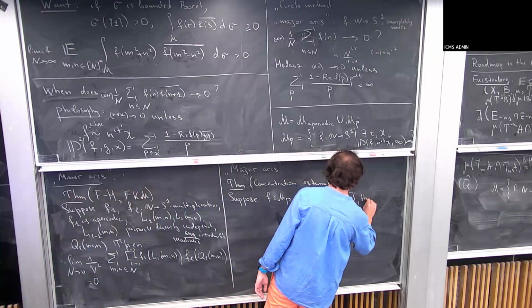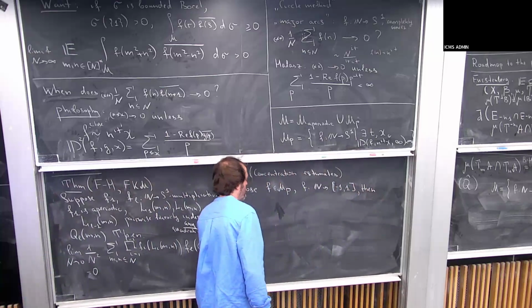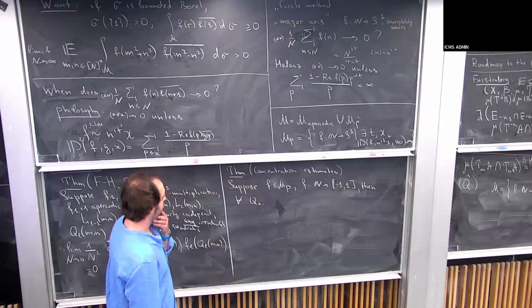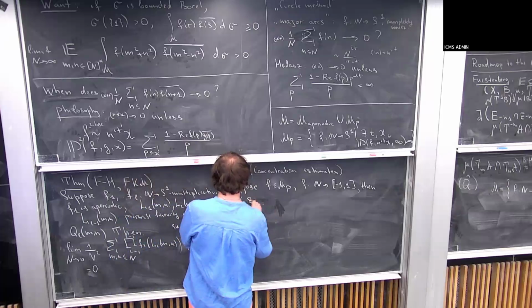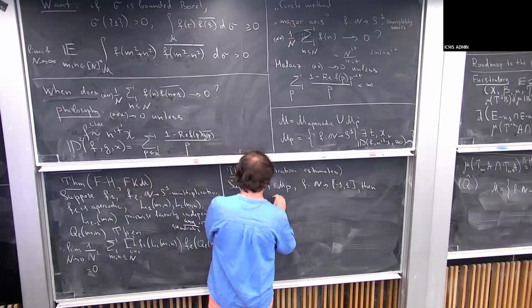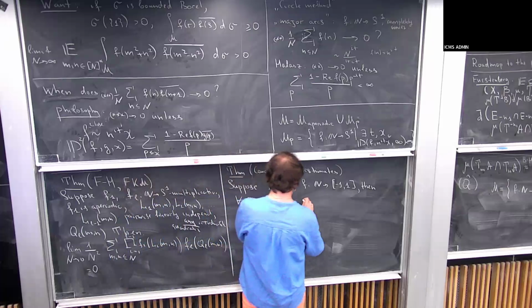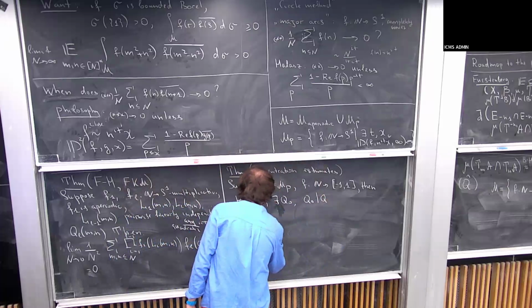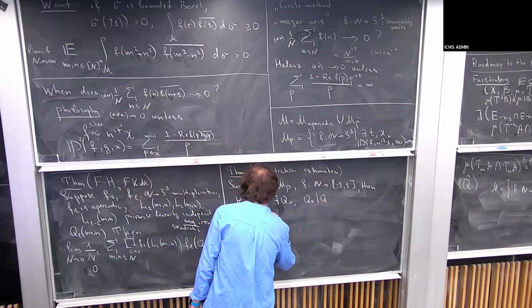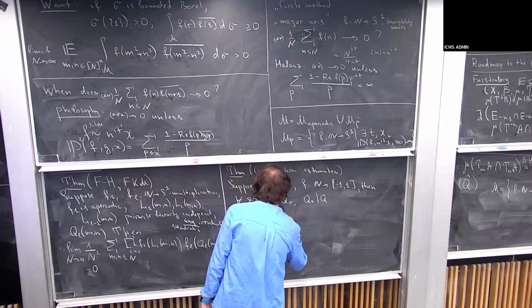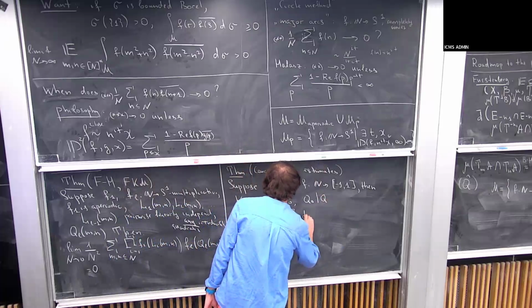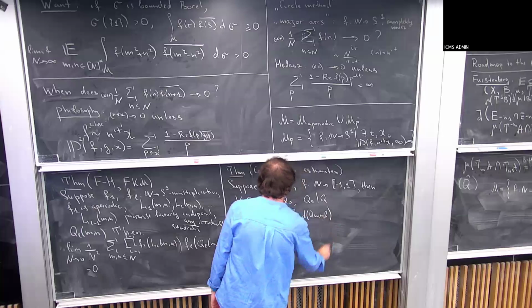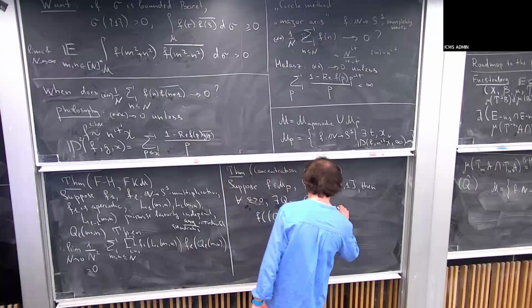Then for any u naught, for any epsilon bigger than zero, there exists a q naught such that as soon as q naught divides some q, the values of my binary forms, they concentrate.